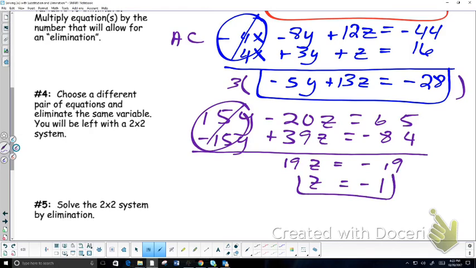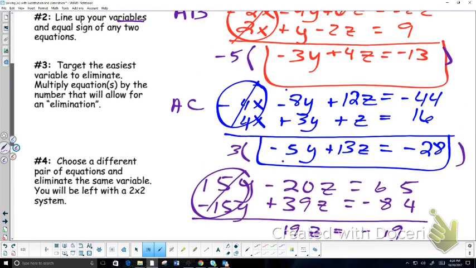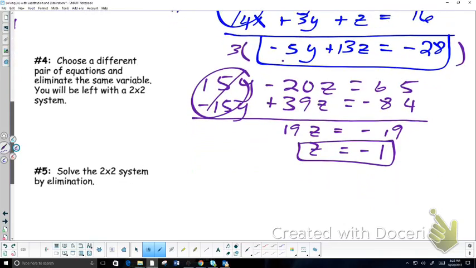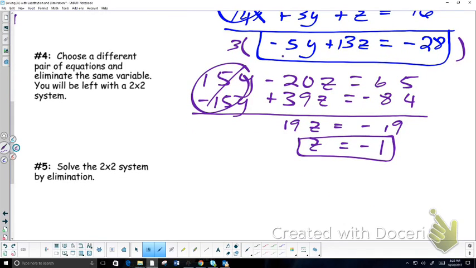We got z equals negative 1. I now need to take this answer and plug it into one of my two equations, either my AB or my AC, whichever one you think would be easier. So when I look at those two and I think about my z, I'm kind of looking at those smaller numbers. So I would tend to plug it into the negative 3.